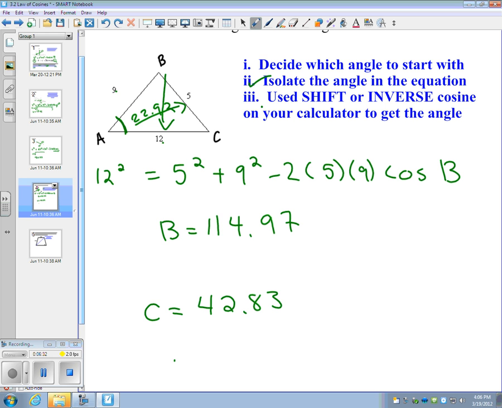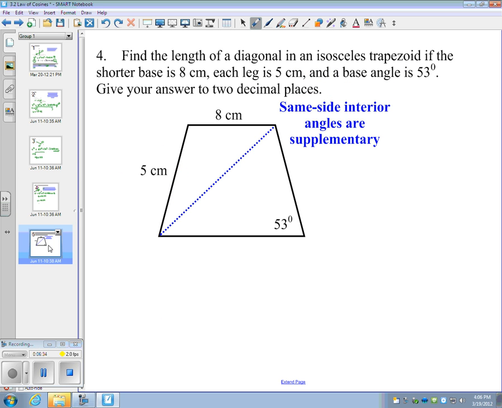Okay. Last example. Find the length of a diagonal in an isosceles trapezoid if the shorter base is 8 centimeters, each leg is 5 centimeters, and a base angle is 53. Give your answer to 2 decimal places. I gave you a little bit of a hint here. The same side interior angles are supplementary.